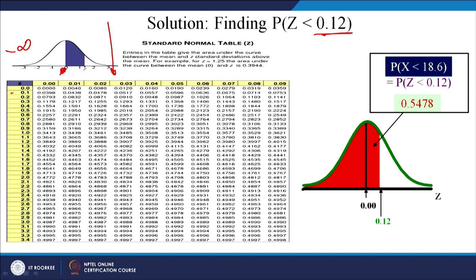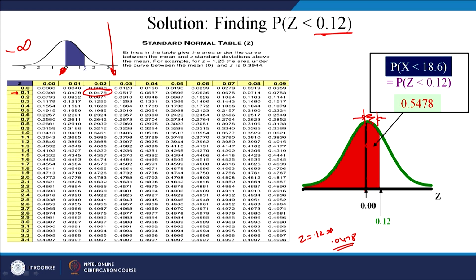This is 0.1 and the 2 is here. When z is 0.12, what is the area under the curve? It is 0.0478, right. This is the area which you have found from the table.